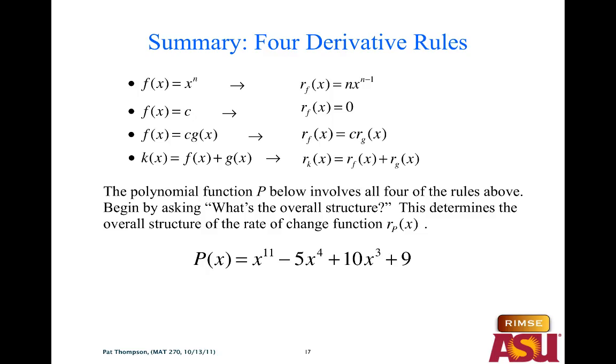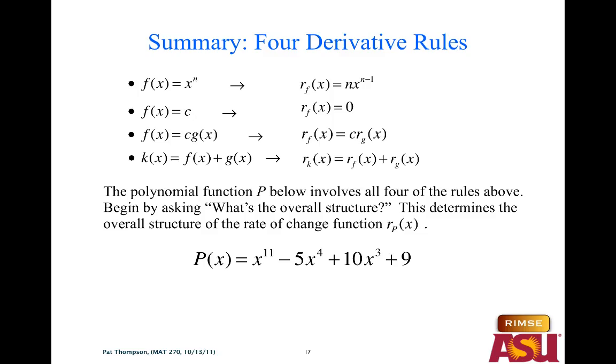For those of you who have done this before, this is going to seem like overkill, but this strategy is helpful for the harder problems that are coming in the next week. There are going to be really hard, complicated derivatives that are combinations of rules. So this strategy of asking what's the big picture, what's the overall structure, is going to be really important. So we'll practice it on this one.